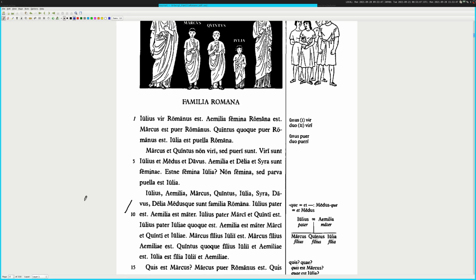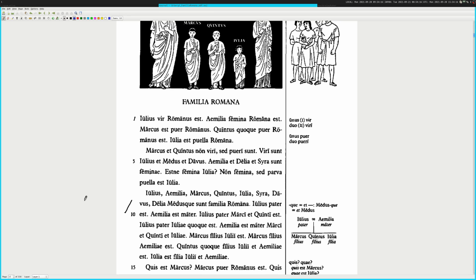Julius, father, okay, so this is going to be teaching, I think, subject and object markers. Julius, father, Marci and Quinti est. Julius pater Juliae quoque est. Okay, Julius is also the father of Julia. Aemilia is the mother of Marcus and Quintus and Julia.